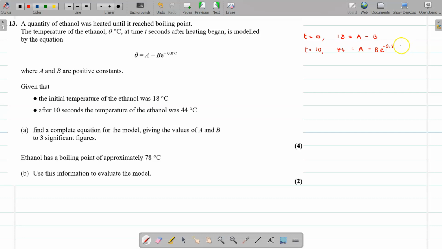So that's the two equations that I'm going to solve simultaneously.